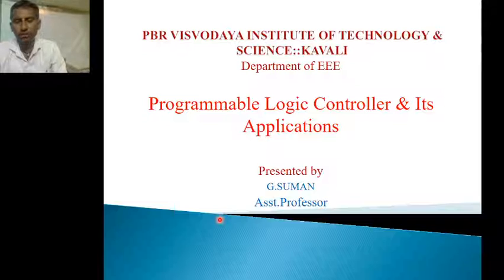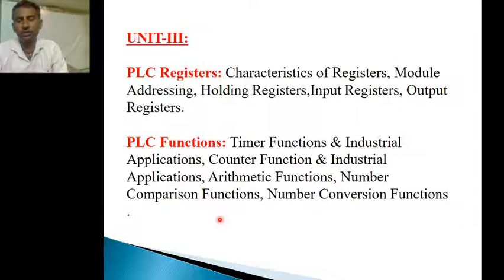So from this video onwards, we will see the third unit. Let us see the syllabus of the third unit. Normally the third unit and fourth unit are nothing but PLC functions. Various functions are there in the PLC. Those functions are timer functions, counter functions, arithmetic functions, number comparison functions and number conversion functions.